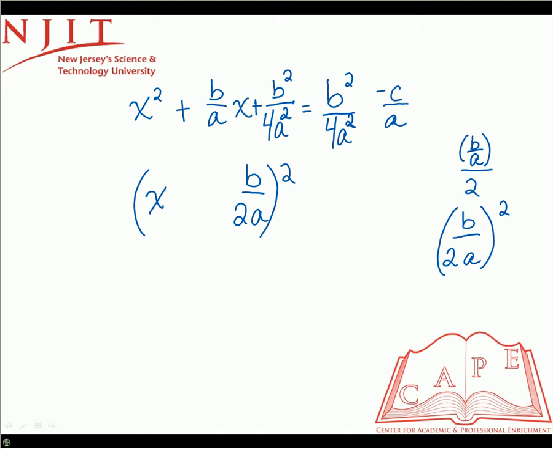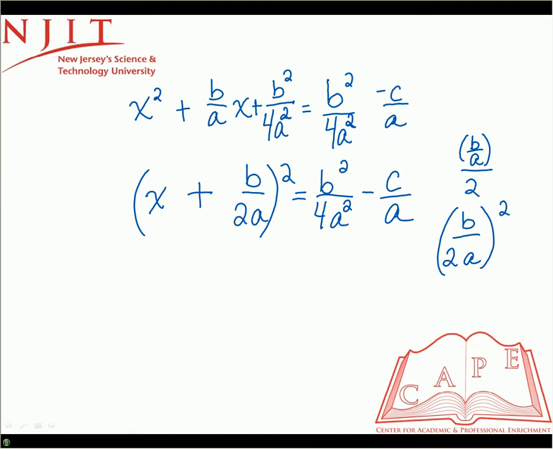And then you just take whatever the sign is of the middle term. In this case, the middle term is positive, so it's positive. Alright, and then we're simply going to rewrite the right side as b squared over 4a squared minus c over a. Okay?